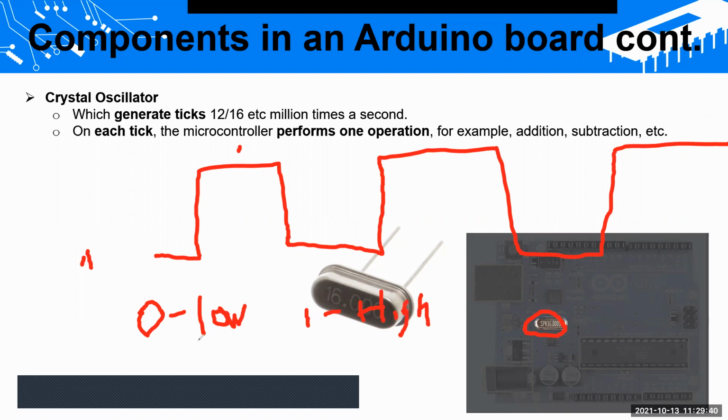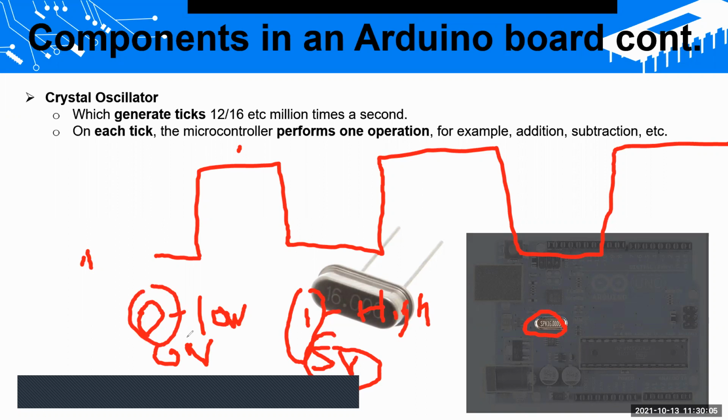If you consider the voltage levels, 0 is 0 volts, and 1 is almost 5 volts. There are certain things I'll discuss later. What will happen if it is 4.9, whether it's 1 or 0? Basically it's 1. If we consider 1, the value will be almost 5 volts.